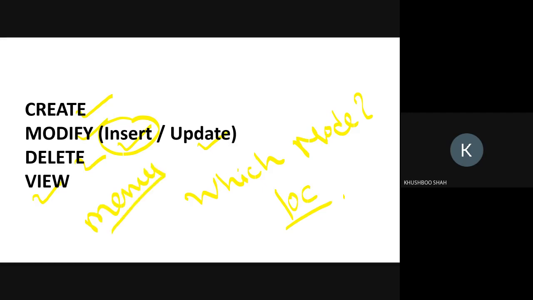The user will select the delete choice, and after the user selects the delete choice, we will ask which node you want to delete. This question we will ask the user. So we have different options, right?